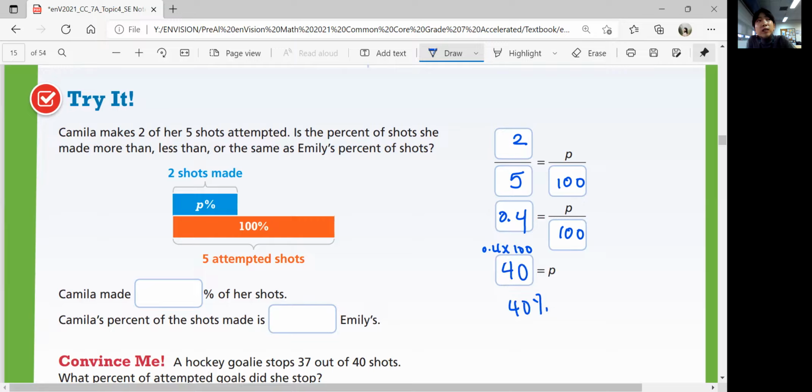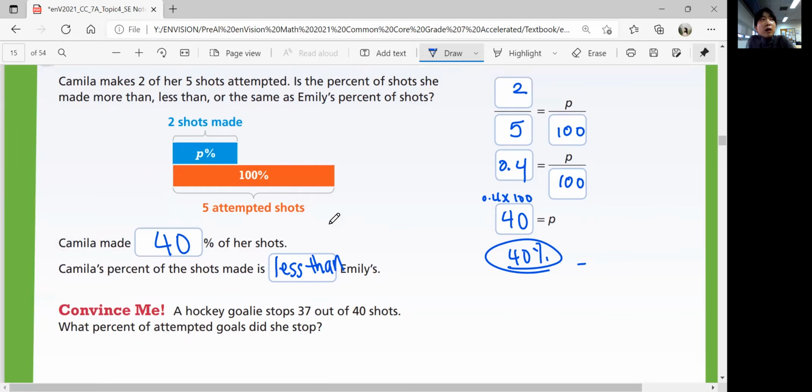So 40% is Camilla's shot. Camilla made 40% of her shots, so her percent of shots made is less than Emily's, sadly.